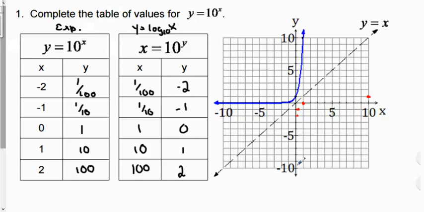So what we have then is that logarithmic function, which would look something like this.